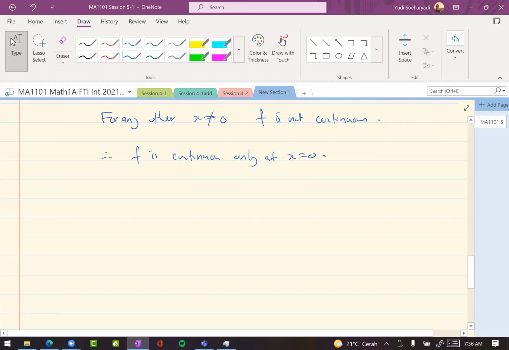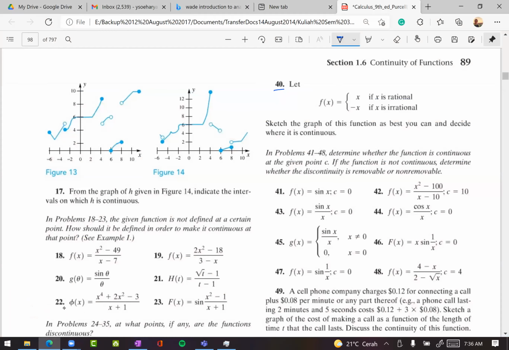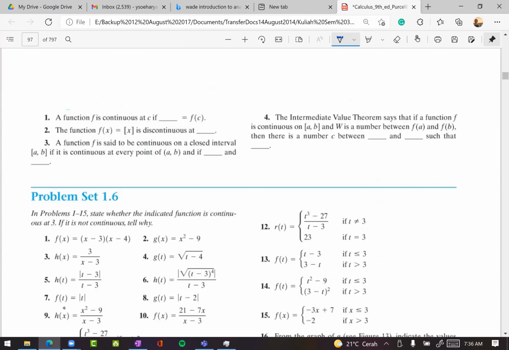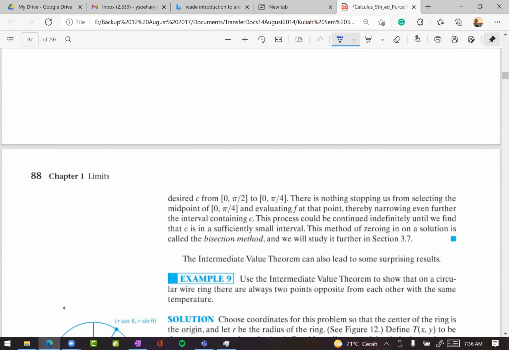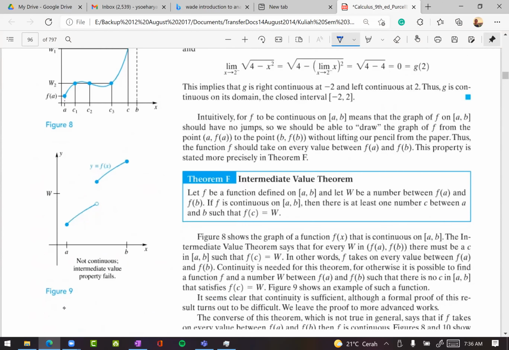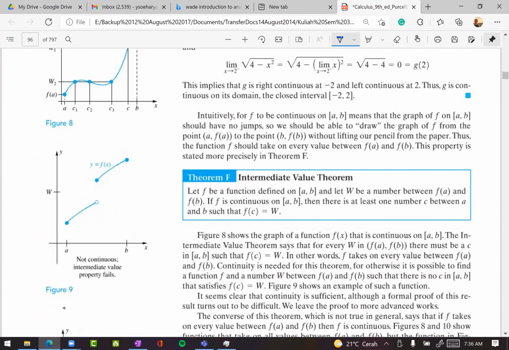Okay, so the last thing about continuity is what we call the intermediate value theorem. So what is this intermediate value theorem? Let's read this together here.